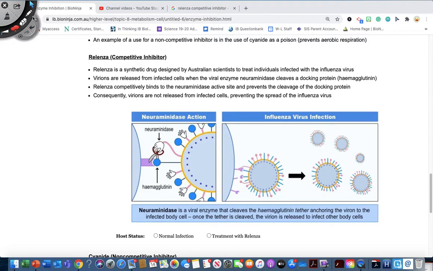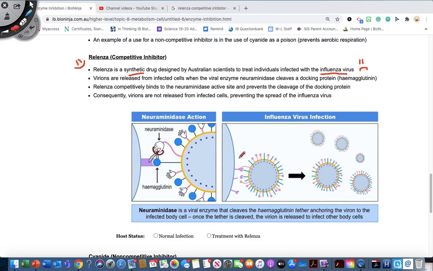All right, so here we have Relenza, a competitive inhibitor, and it's a synthetic drug, designed by an Australian scientist, and it was used to treat the influenza virus. So in this case, we know that the influenza virus is the bad guy, right? So the Relenza, or the competitive inhibitor, well, that's the good guy, right? So let's see how the Relenza is working here.